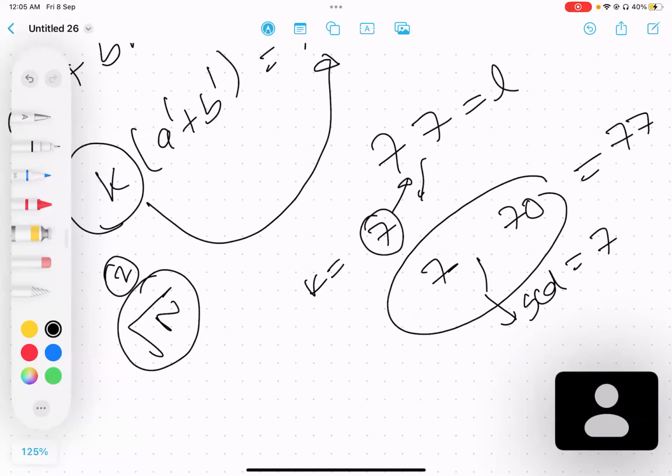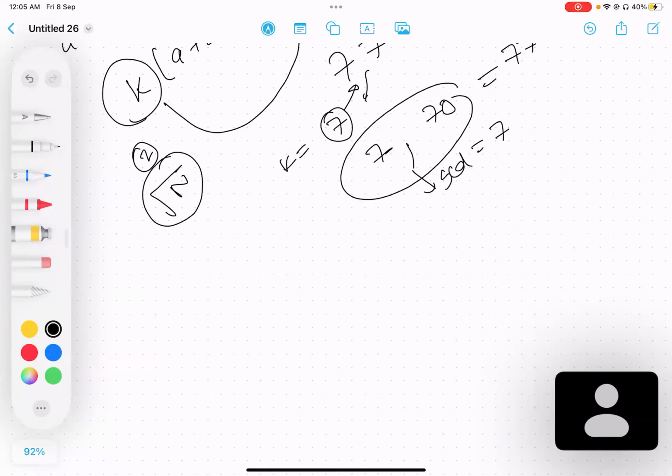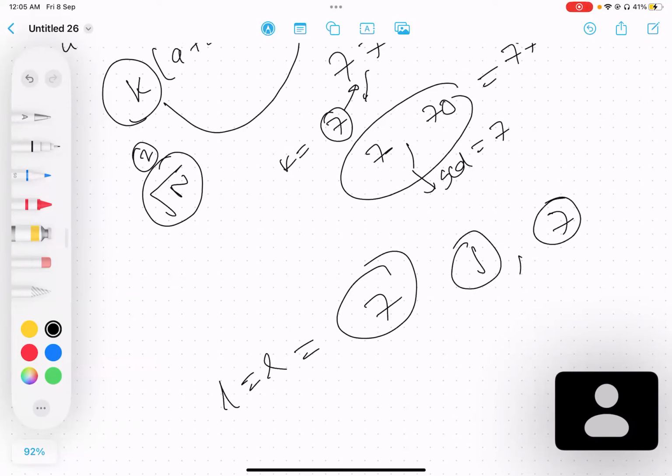But let's say you have only 7, L equal to R equal to 7. In that case, you won't be able to find any factor, because this is a prime number, so only 1 and 7 exist. If you take 7, 0, then you won't get the answer.